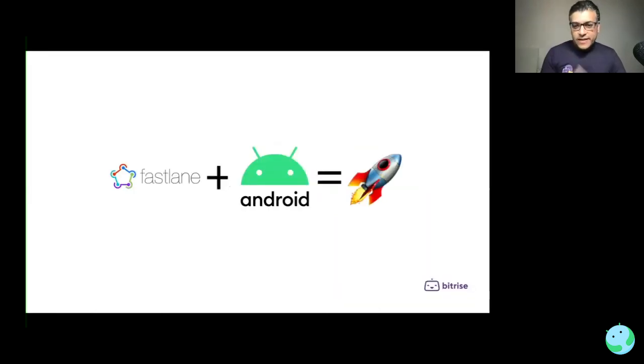If there is something else I can consider to make our application development and releasing faster, yes, there is. Here we can use Fastlane. Fastlane for Android is a tool for automating app development and app deployment.